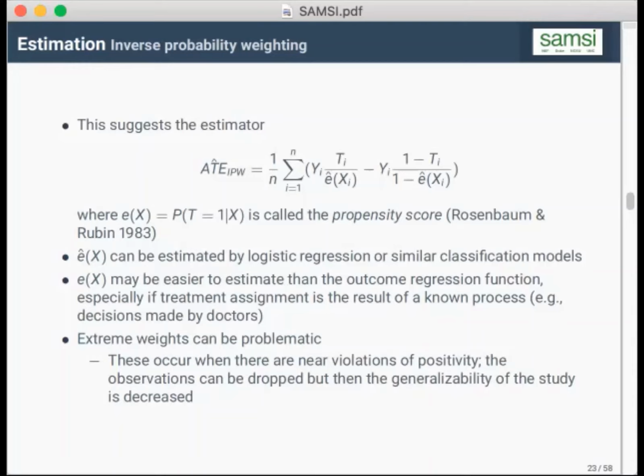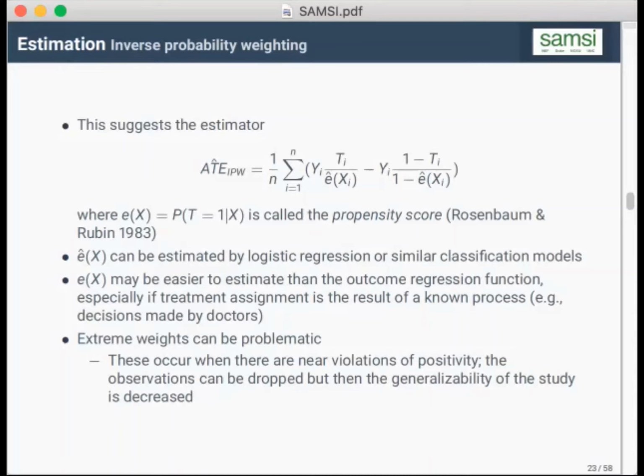In some settings, it's easier to correctly specify a model for the propensity score than it is for the outcome regression. And that would make inverse probability weighting a better approach to estimation than the outcome regression approach that we talked about before. In particular, if treatment assignment is the result of some known process, especially a process that's written down.